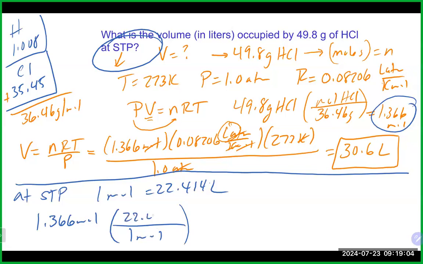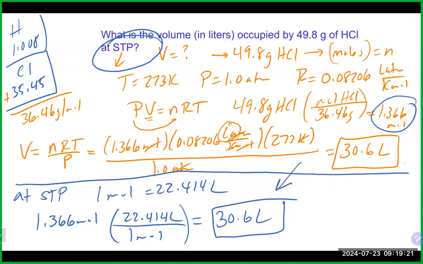And again, you could only do this because it is at STP conditions, and that should give you the exact same answer of 30.6 liters. So you don't have to use the ideal gas law, but as you could also see, it works just as well with the ideal gas law, so it doesn't really matter which way you do it. Any questions on either of those there?